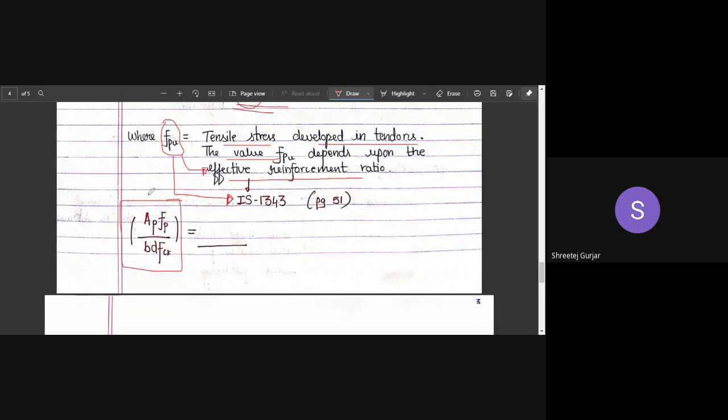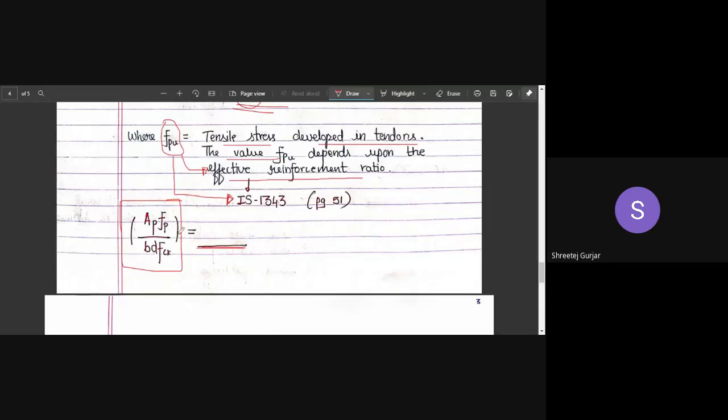AP will be known to us. FP is the stress in steel, also known. B and D are the cross-sectional dimensions of your beam, also known. FCK is also known to us. So we can find this value.